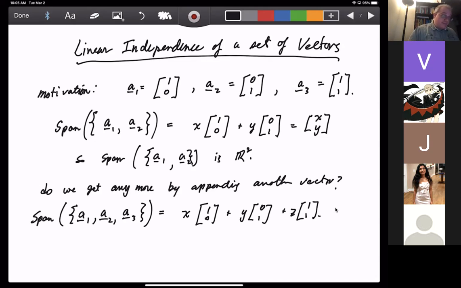Now, notice that I'm adding up two component vectors. And just with the first two vectors, I could get any vector in R2. So do I gain anything by adding that third vector in?